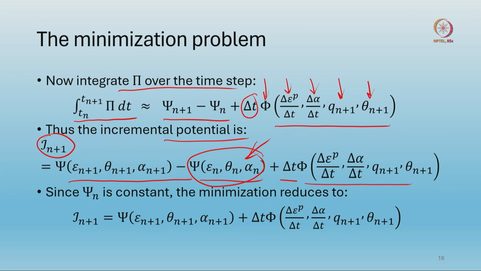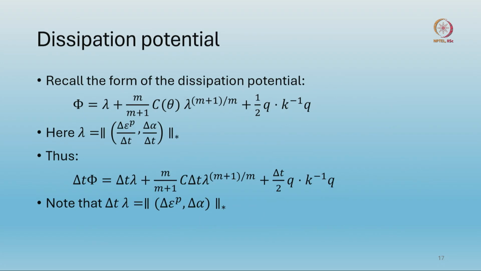Therefore the only quantities that come into play in the variation in the minimization problem are psi evaluated at Tn plus 1 and, of course, delta t times phi written as a function of approximate rates. So this is what we do now.